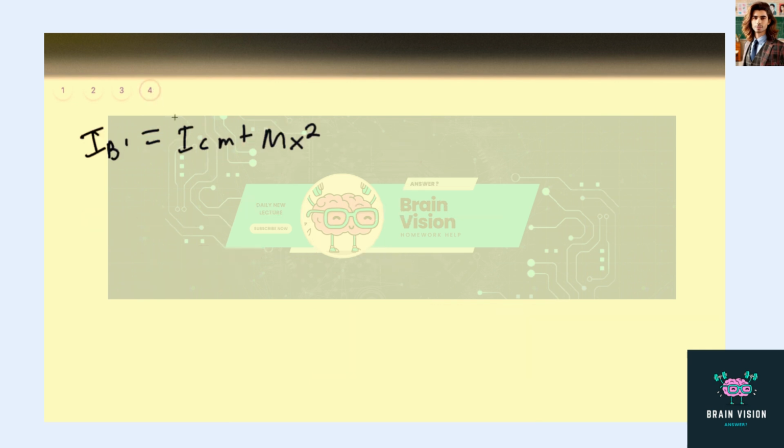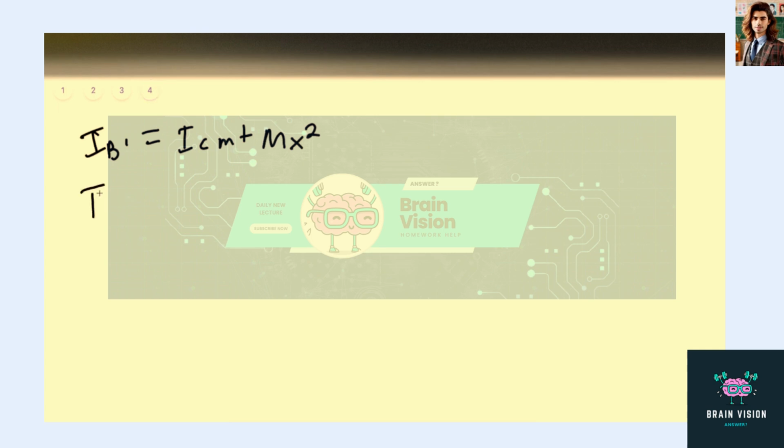Again, x is that distance between this axis and this axis. And we're trying to find IB prime, which is the moment of inertia perpendicular to the plane, passing through the midpoint of a line connecting its two ends.